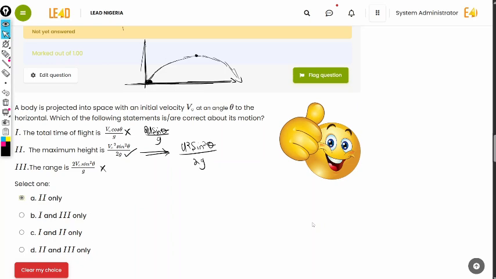Then there are another 2 formulas to learn for the horizontal projections. So you must learn all of them, right? So that's it for question 6.